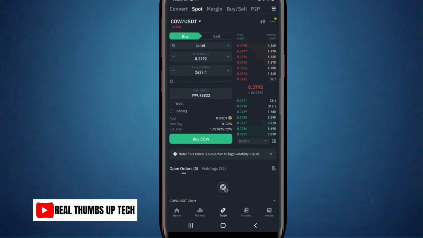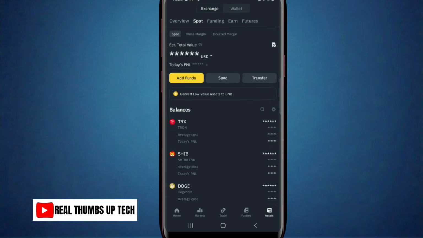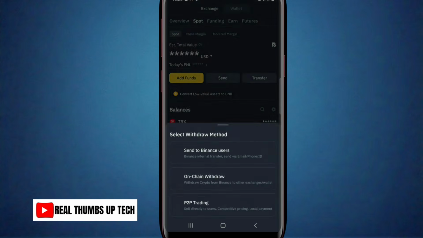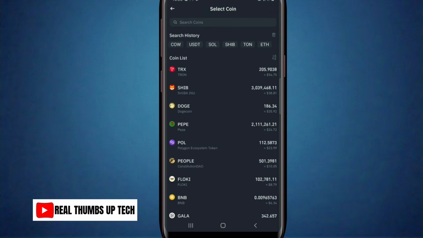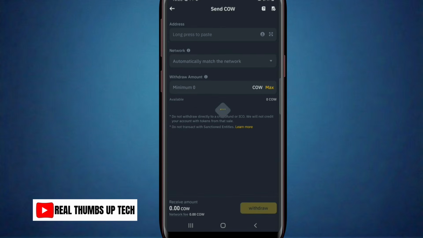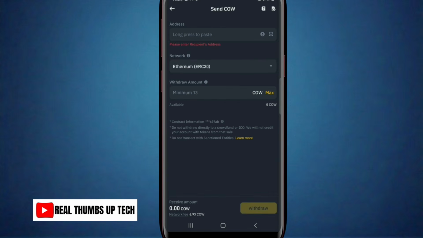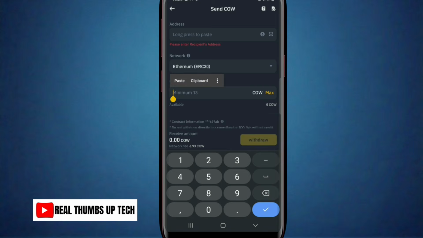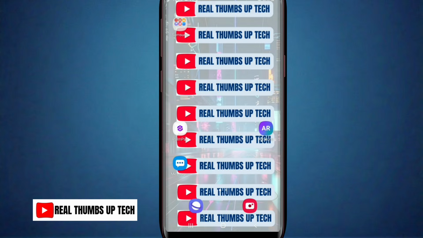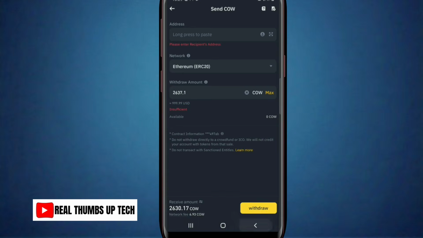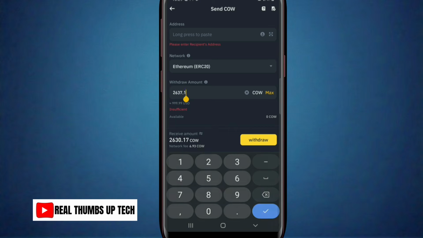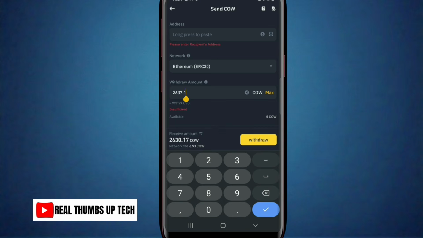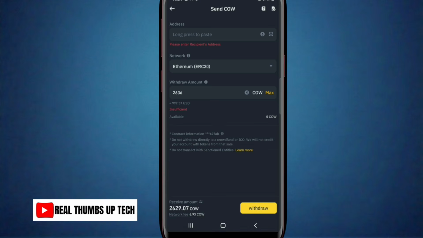So let me go over to assets below here, go back to send, on chain withdraw, look for COW. You now come here and paste that amount. Let me assume that probably we'll get it at a rate of 2636, something like that. It's not certain.